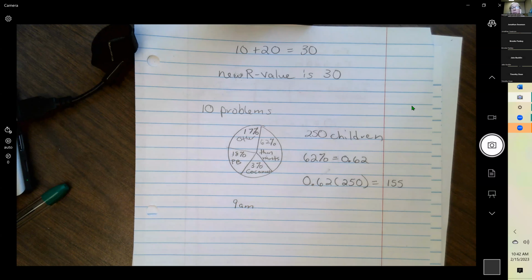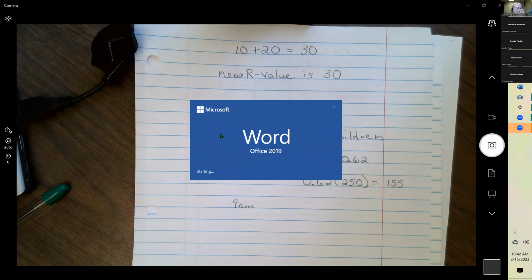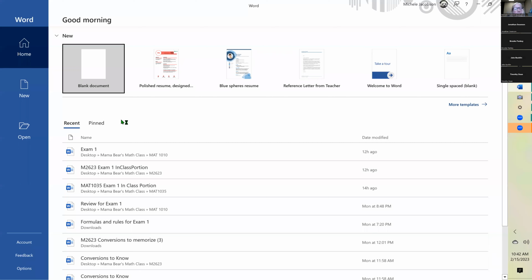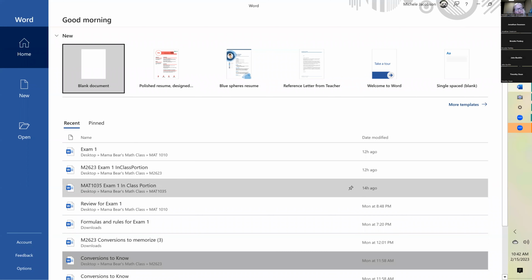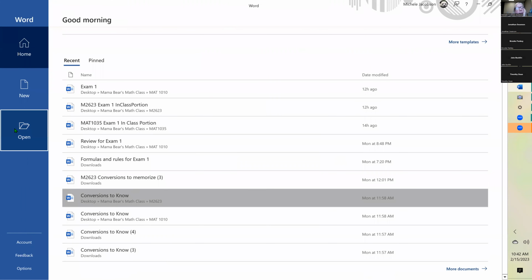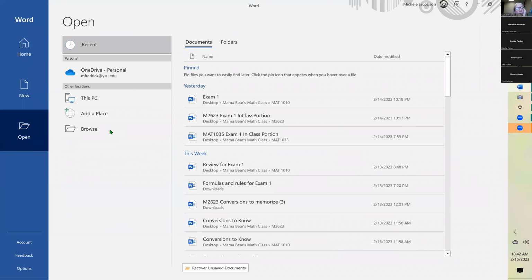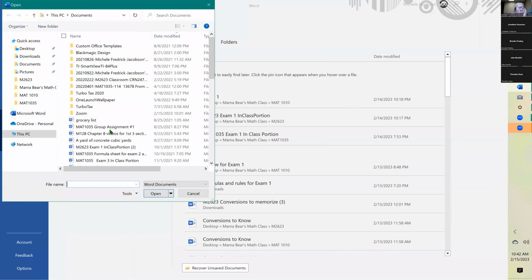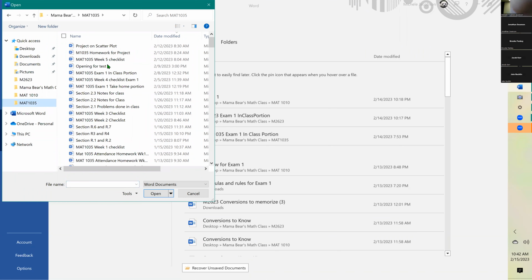So here's one, and I'll show you. It's one from my other class, so the password won't be the same. So the test opens at 9 and closes at 10?